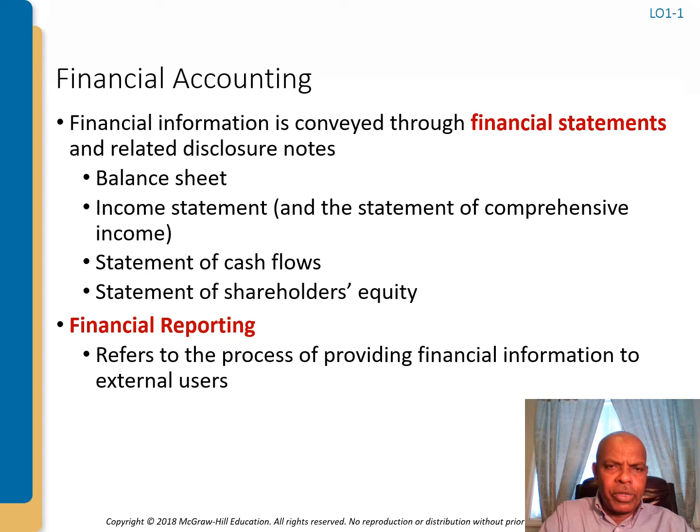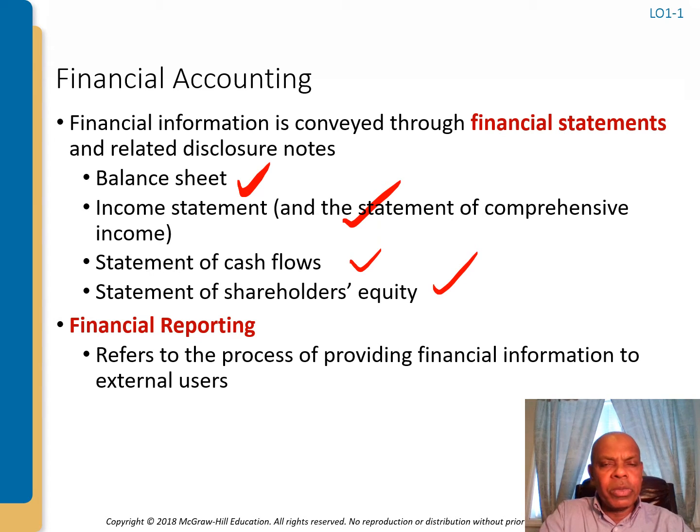Okay, what is financial accounting? Financial information is conveyed through financial statements. How are you going to give that information to the reader, the ultimate user, which we said are external users, right? If we are going to give money to somebody, we are looking at certain documents, especially the financial statements, which include the balance sheet, an income statement, then the statement of cash flows and the statement of shareholders' equity.